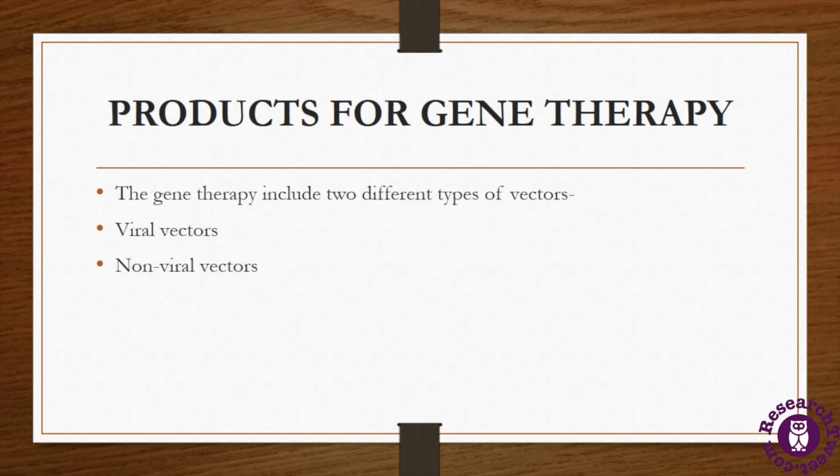Now, as we have discussed, gene therapy is a type of genetic engineering, and to cure diseases with the help of gene therapies, several products are used to introduce a particular gene or a healthy DNA into the organism. So gene therapy includes two types of vectors, which are viral vectors or non-viral vectors.